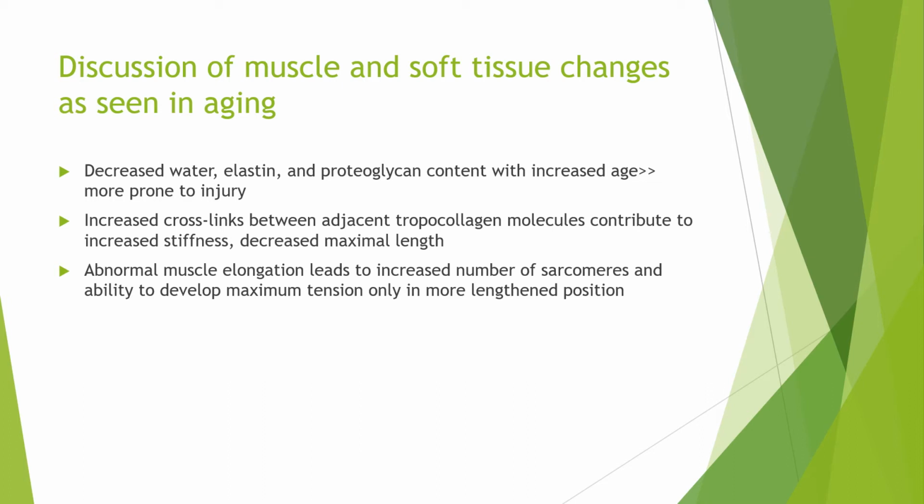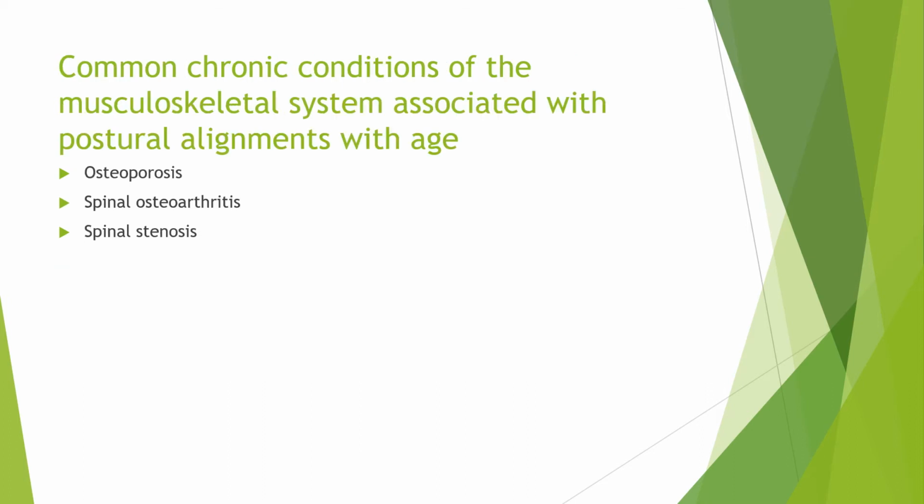So again, that's not normal posture, and we're getting into some of those faulty posture habits. So there are some chronic conditions with the musculoskeletal system that we see associated with postural alignments as we get older. Not surprising, think about osteoporosis, spinal OA, and spinal stenosis.